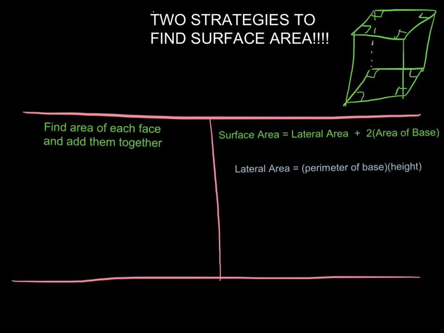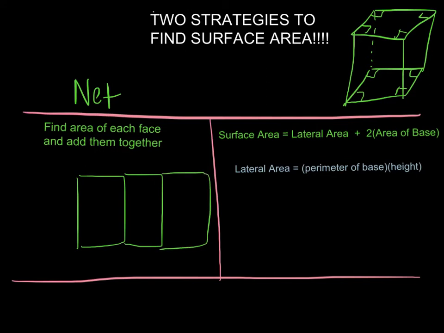Now there are two different strategies for finding the area. One of them is to take out the net and to find the area of each face and then add them together. So for example, if I took this shape right here and I unfolded it, it might look like this. And I actually want you to draw this. So here's that long side, and there are actually 4 of these folded together.